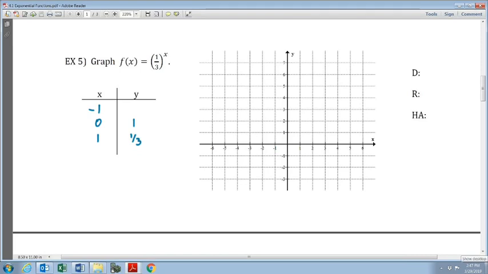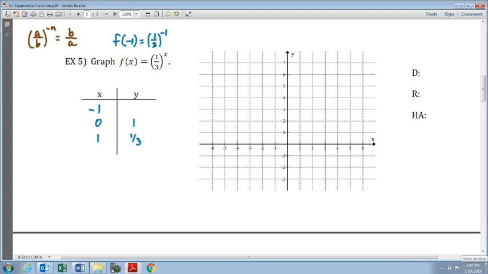And then, well, let's find f of negative 1. That'd be 1/3 to the negative 1 power. And there's another property of exponents that's useful here.